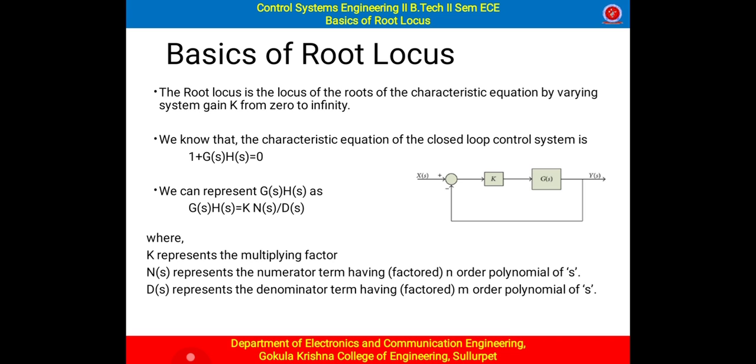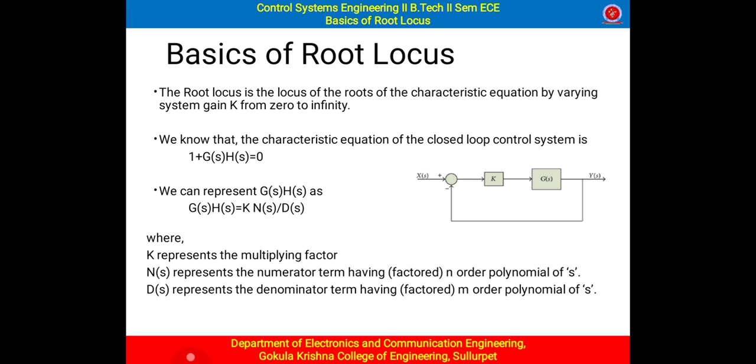When we give a feedback it becomes a closed loop control system, and we can calculate the transfer function of the closed loop control system, which in this case is G(s) by 1 plus G(s). Now, what is the denominator of the transfer function? 1 plus G(s). The roots of that particular equation, we call them poles.